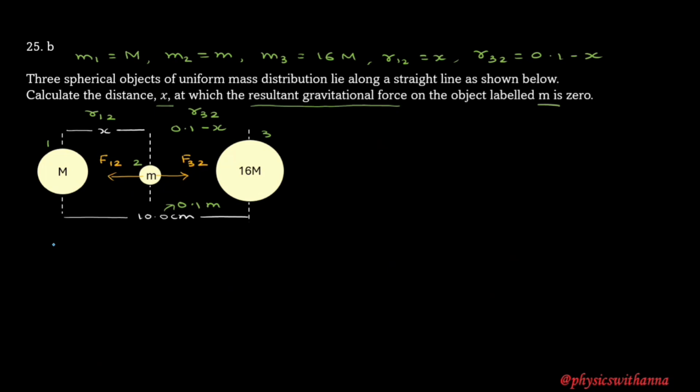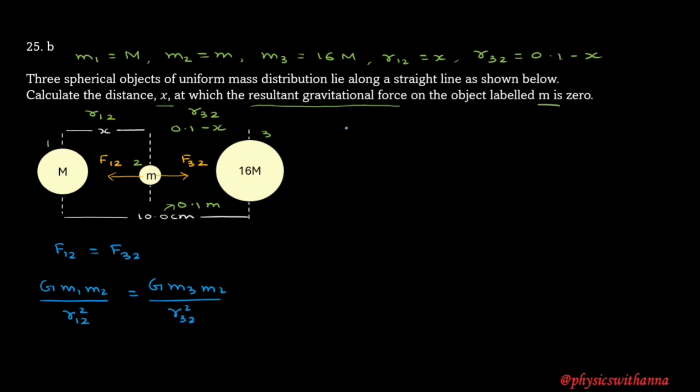So F12 must be equal to F32. We know the gravitational force of attraction between two masses is given as capital G, m1, m2 over the square of the distance between them, so R12 squared. Write the same thing for the second force, capital G, m3, m2 over R32 squared.